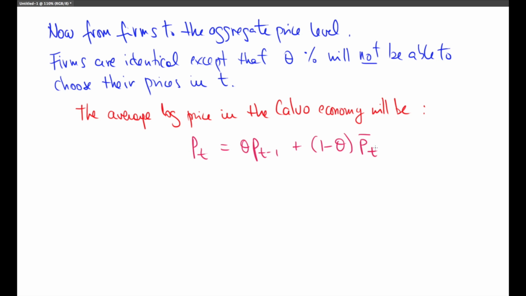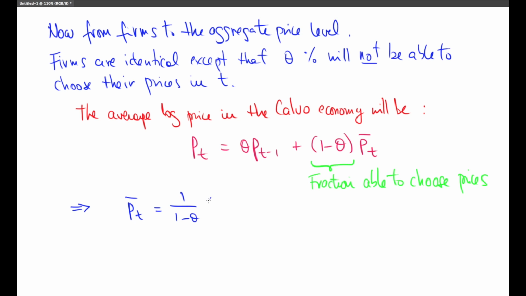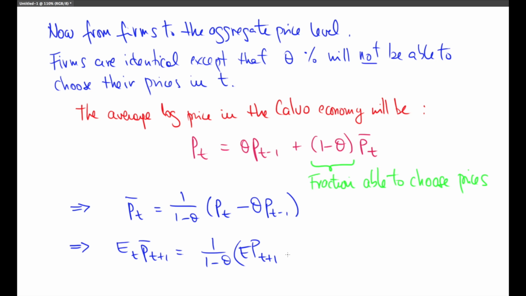So in the Calvo model, the aggregate level of prices, P t, is a weighted average between the former price level, P t minus 1, and the new level of prices defined by the firms, that is P bar.